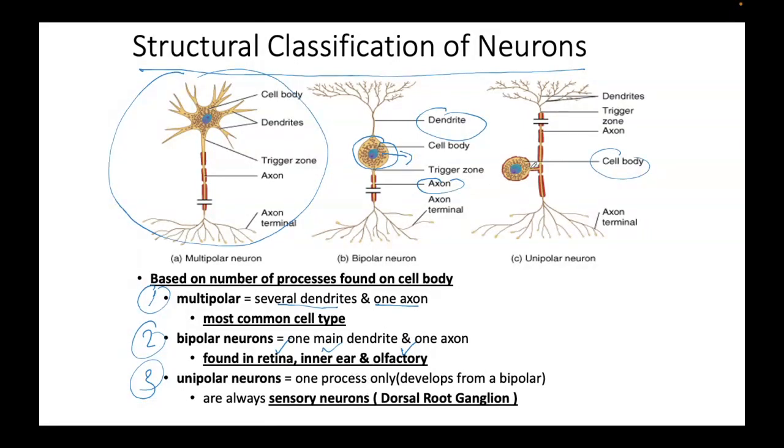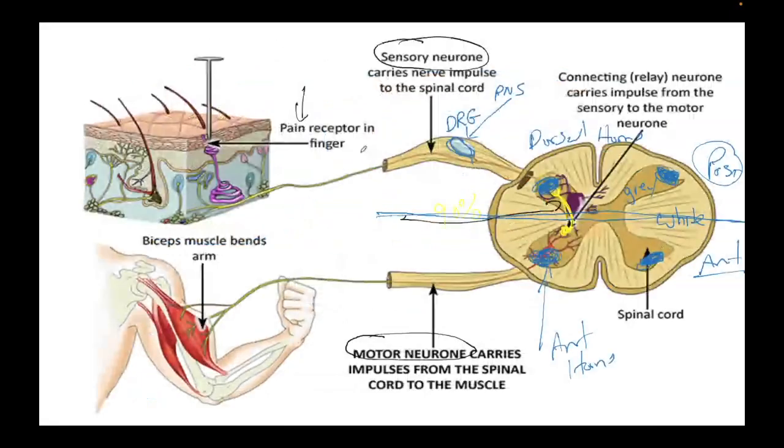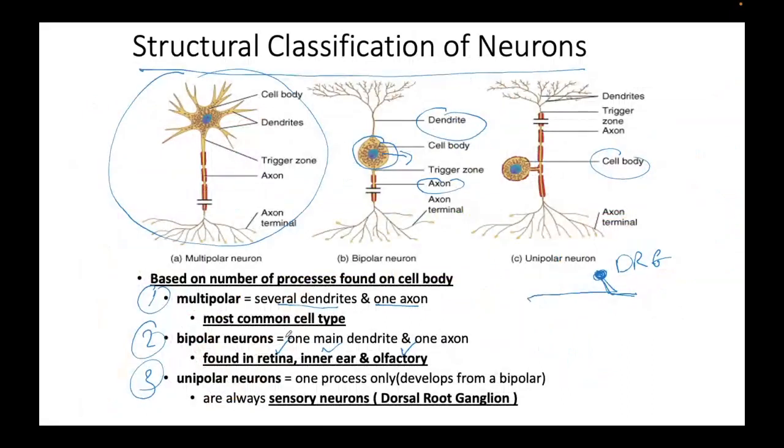So unipolar is just one process, and it develops from the bipolar. Now, if we were to take this and turn it sideways, you get something that looks like that. And doesn't that look like a dorsal root ganglia? Doesn't that look like this? It does. So a classical example of a unipolar neuron is the DRG, the dorsal root ganglia.